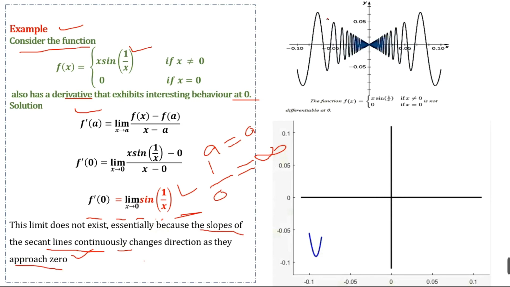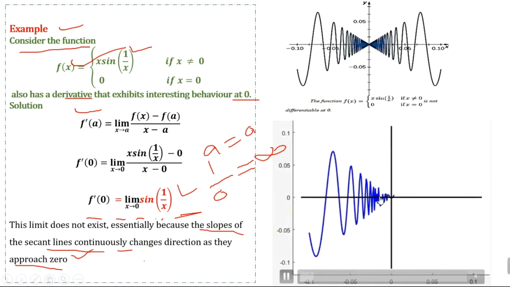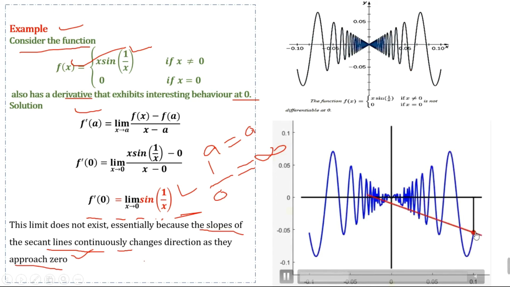This is the graph of the given function f(x), and we will plot a secant line between two points on it. We will see that the slope of this secant line changes continuously between positive and negative as x approaches 0.